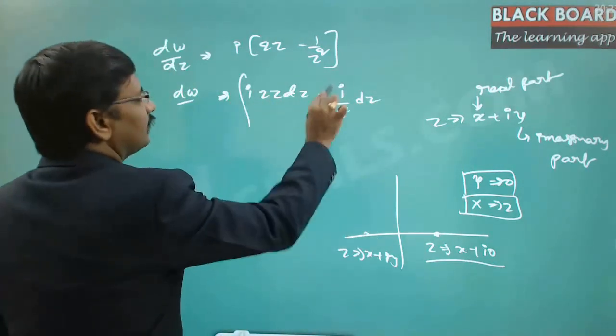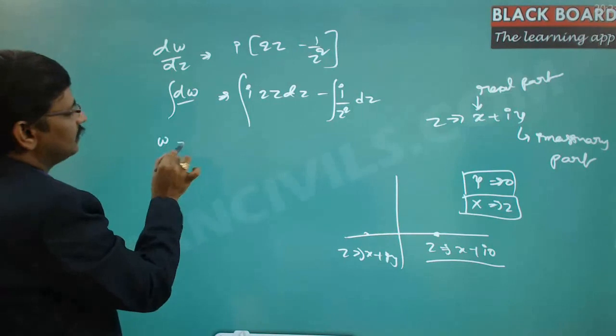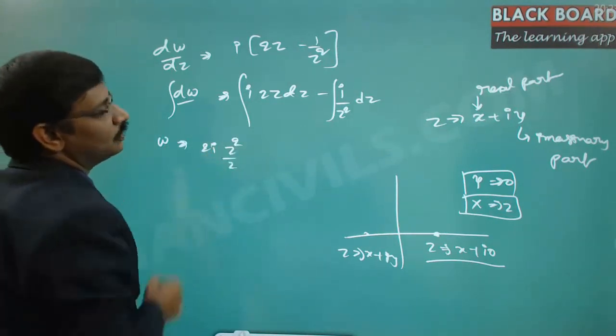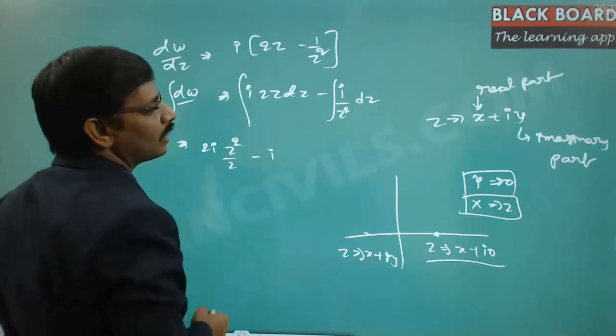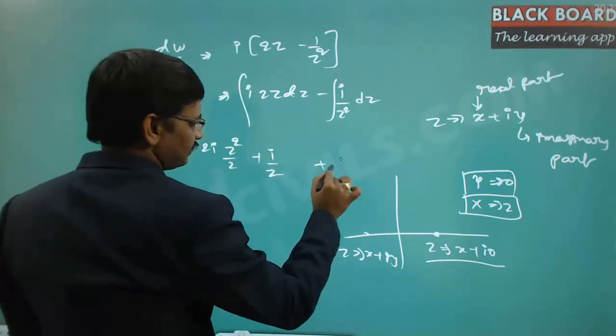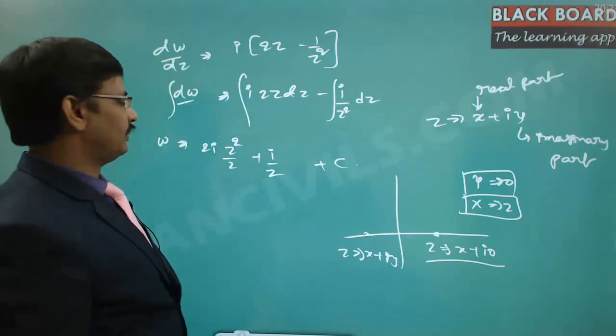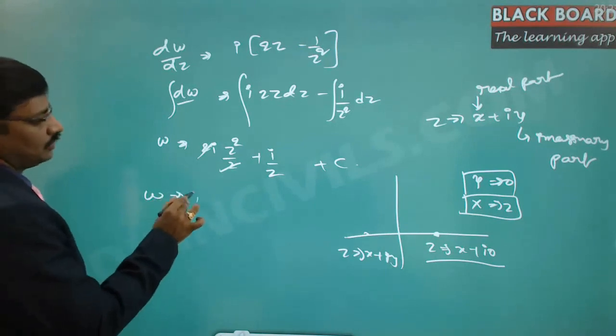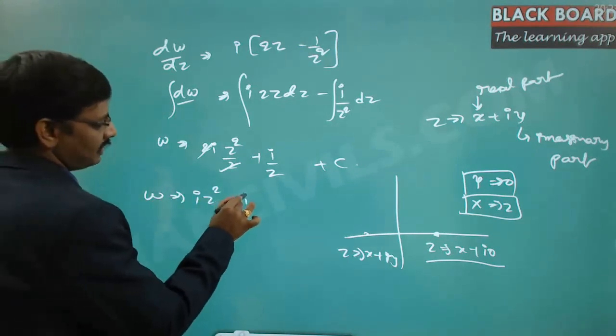Now you can integrate it, and w is the function 2i times z square by 2 minus i times (1 by z square is minus 1 by z), and this is some arbitrary constant c. So the 2 will cancel. W is equal to i z square plus i by z.